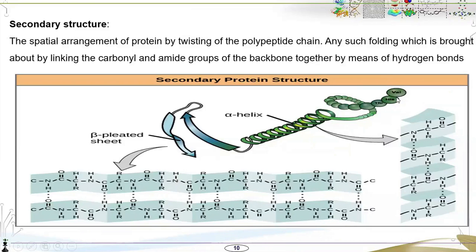In this way, the sequence will form. This sequence will convert into folds. Like that, the loop will continue. This loop we call an alpha helix. I hope you understand. Valine, histidine, tyrosine are the amino acids, and amino acids are linking. In biology, it is difficult to understand these things, so I converted it into a pictorial representation.